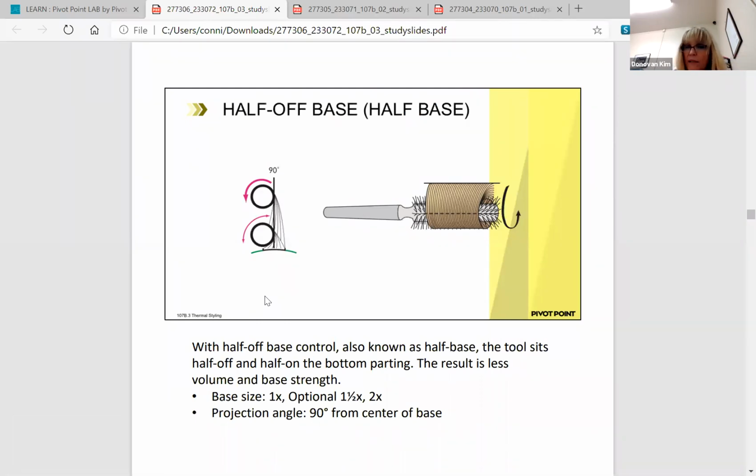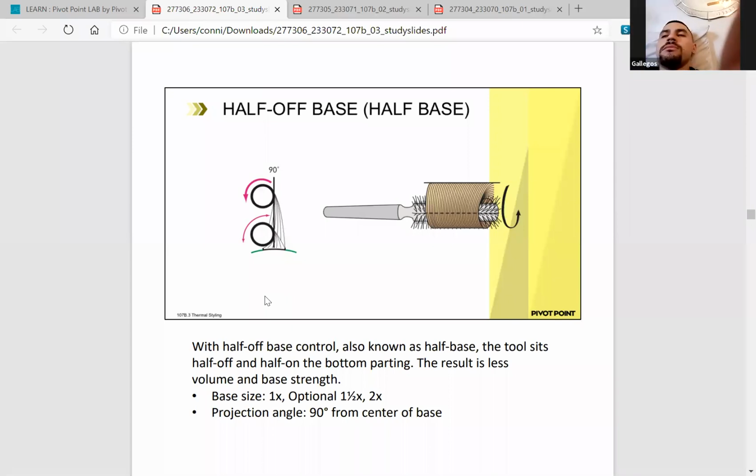On base is the most, half off is in the middle, and then off base is giving us the lowest amount of volume, or the least amount of volume.